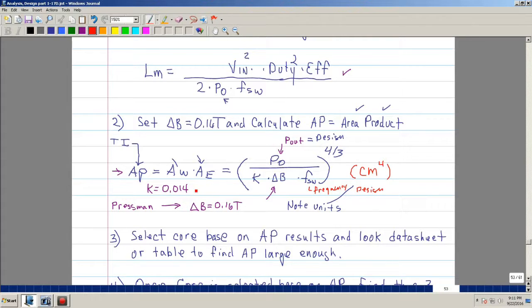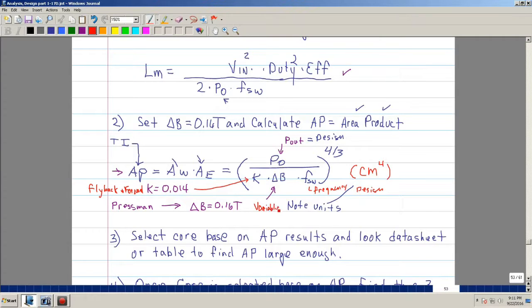K is a given. That's basically for a flyback or a forward. There are other constants for a bridge and so forth, but since we're doing a flyback, we're using K as 0.014.